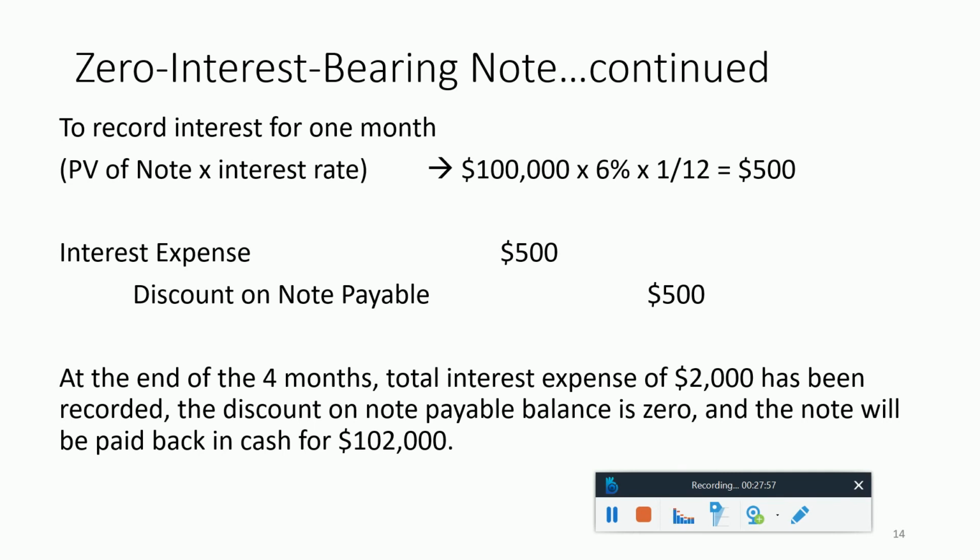At the end of the 4 months, we're going to have debited interest expense for a total of $2,000. The discount on the note payable balance is going to be zero, and the note will be paid back to the lender in cash for $102,000.